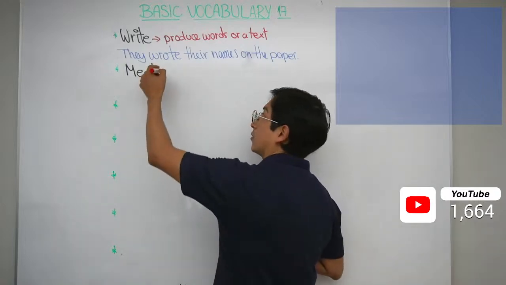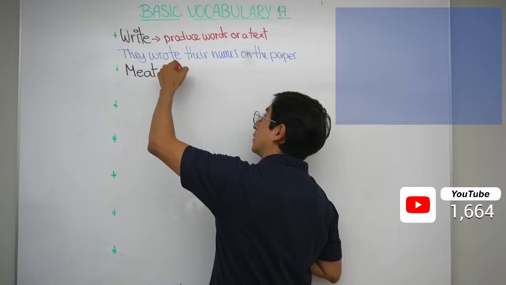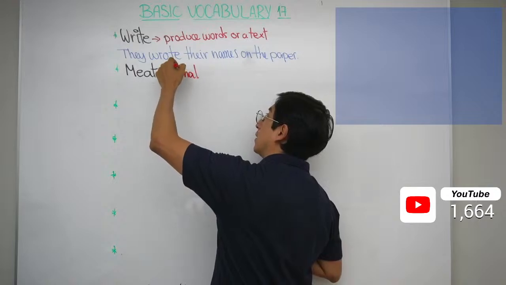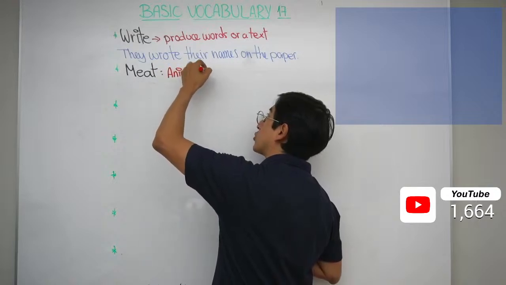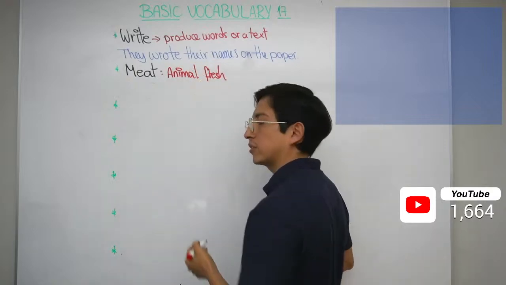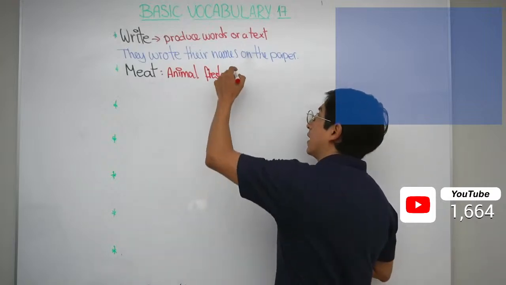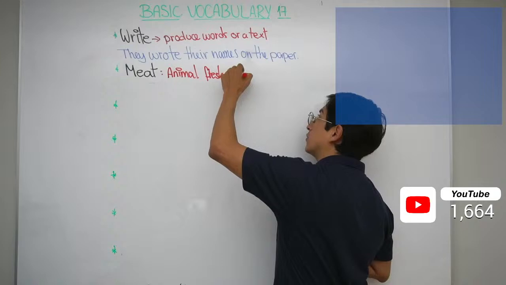Meat. We're talking about animals, animal flesh. Okay, we're talking about animal flesh or a part of the animal that is used as food.